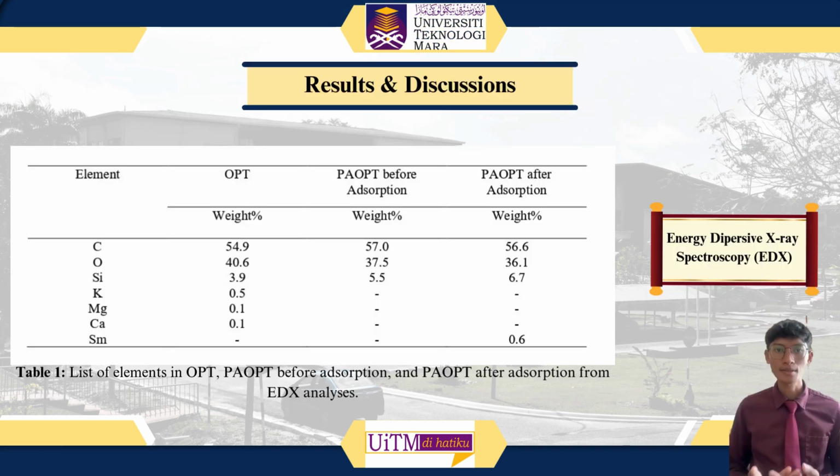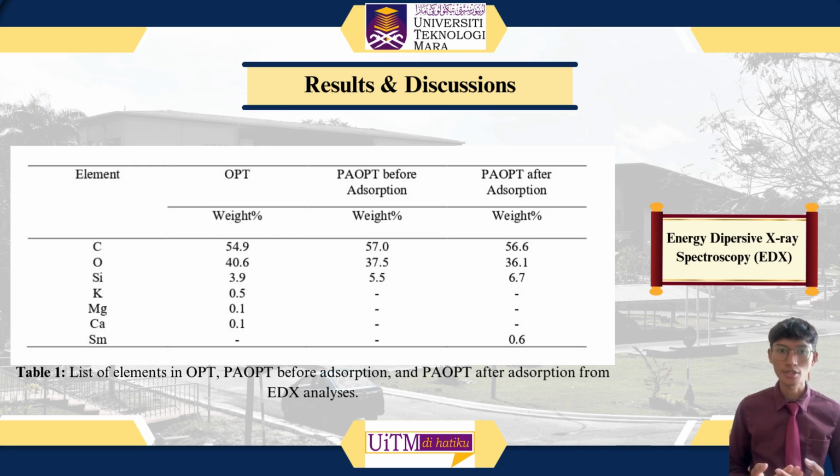The elements carbon, oxygen, and silica are the ones that predominate in each of the three spectra under consideration of the EDX spectra. Based on the information presented in Table 1, it is possible to see traces of potassium, magnesium, and calcium in the raw OPT.